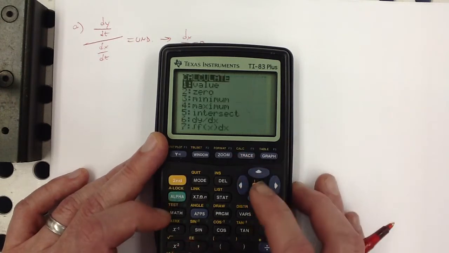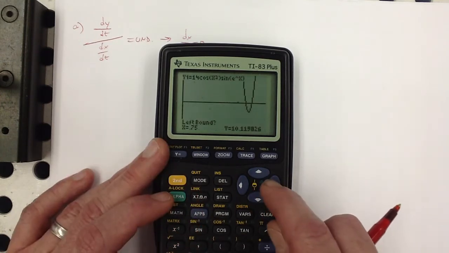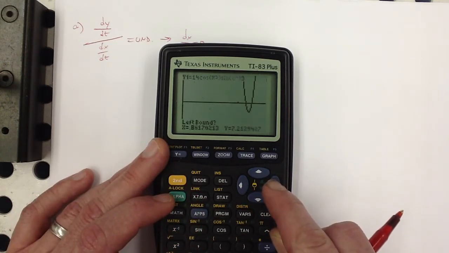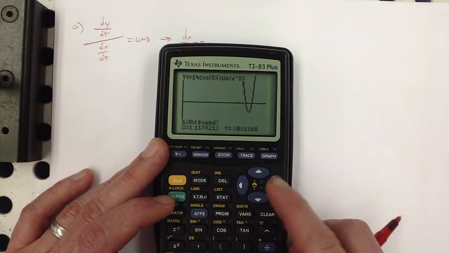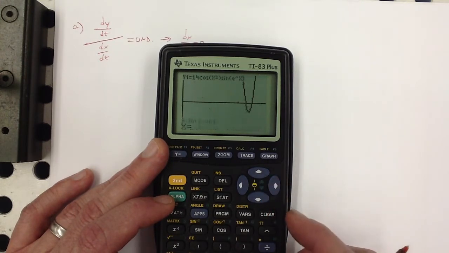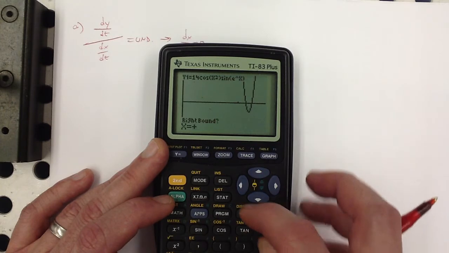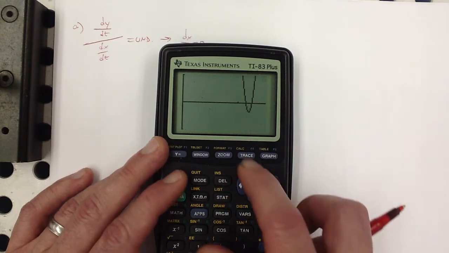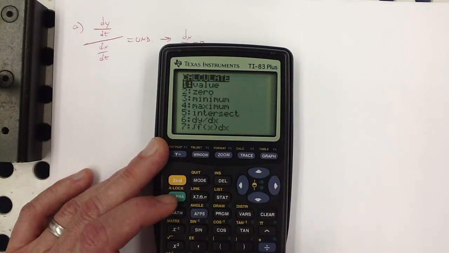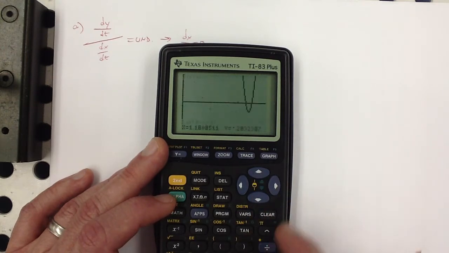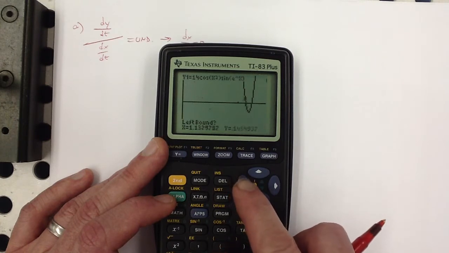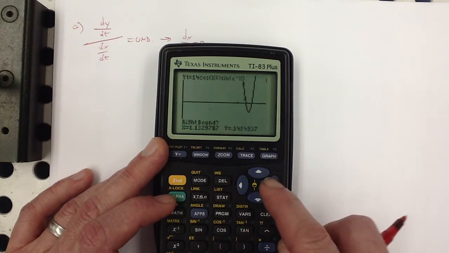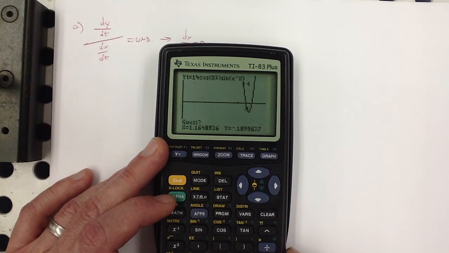Alright, so second calculate, looking for those zeros. Come on, little guy. There he is. So looking for that one. Oh, something bad happened. Sorry. Let's try that again. Second, looking for the zeros. Left bound. Right bound.